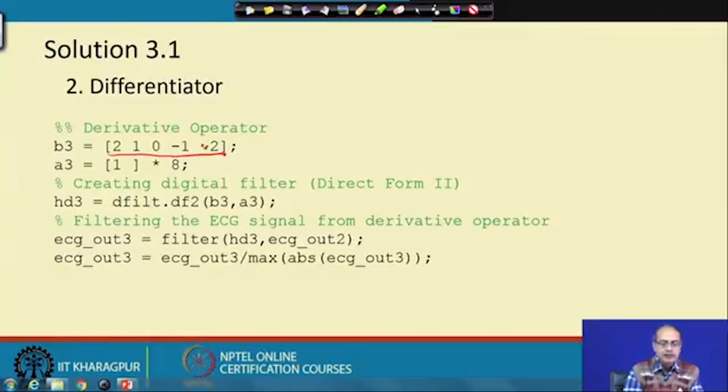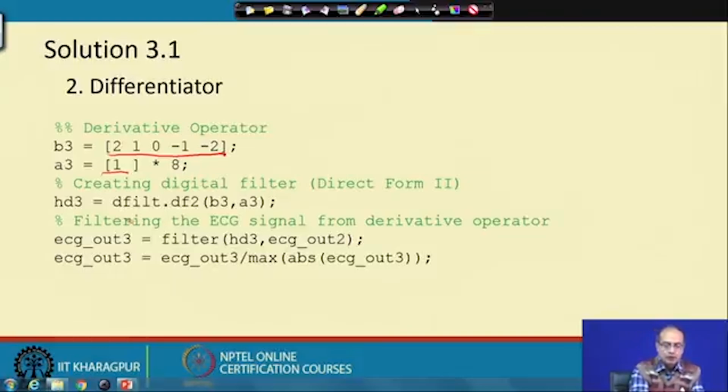Along with the derivative, it is doing some averaging to take care of the high frequency noise, to make sure that very high frequency noise is not accentuated. And we have a scaling factor, 1/8, that we have introduced in the denominator, taking one coefficient multiplied by 8 in the denominator.